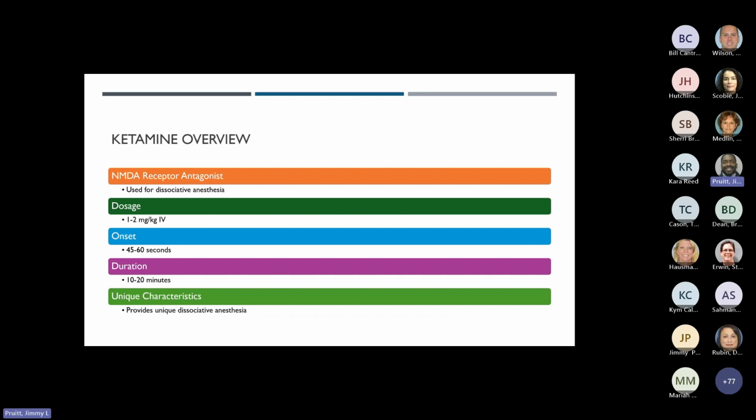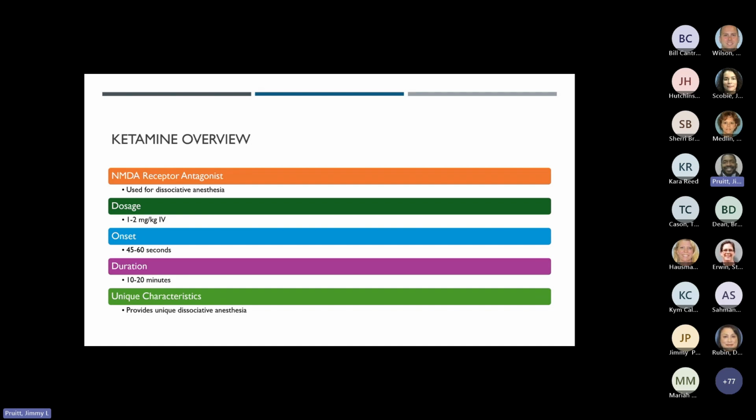An overview of ketamine: it's an NMDA receptor antagonist used for dissociative anesthesia at the doses we're using, 1 to 2 mg per kg. Onset is rather rapid at 45 to 60 seconds, and the duration can range from 10 to 20 minutes. The cool thing is that this dissociative effect allows us to do some pretty unique things.